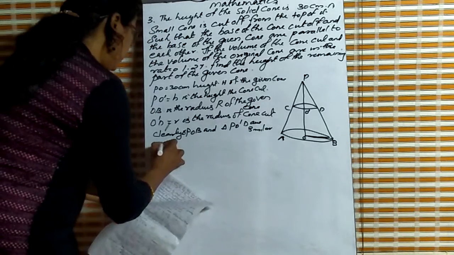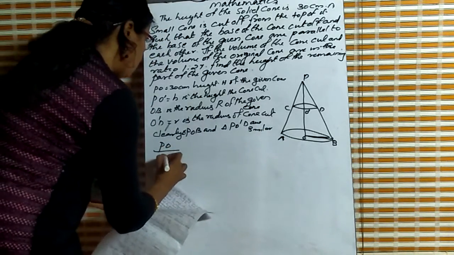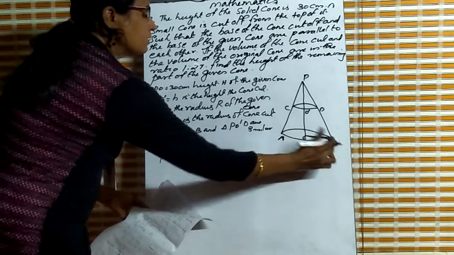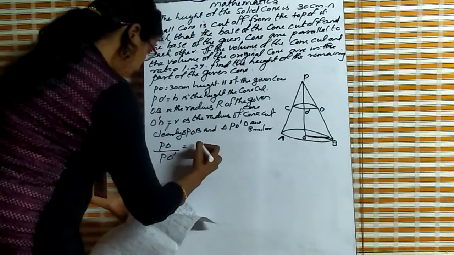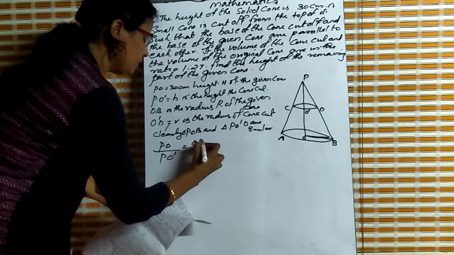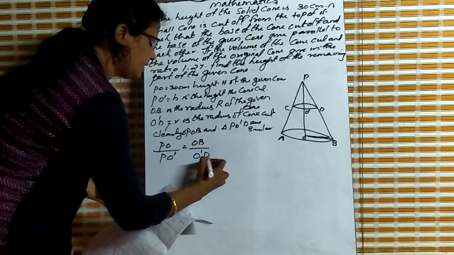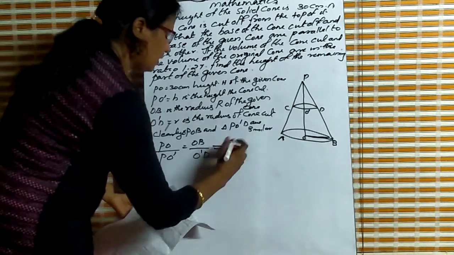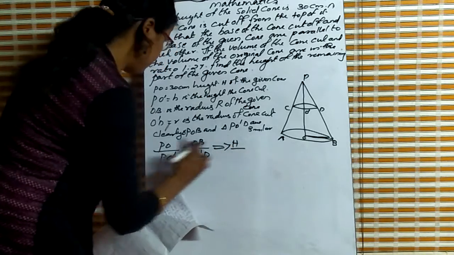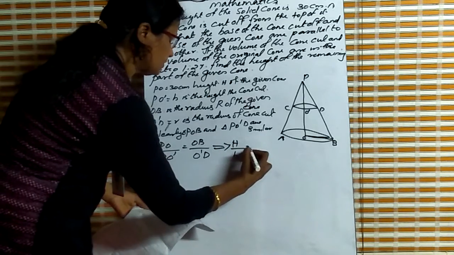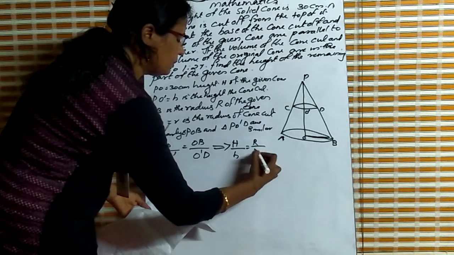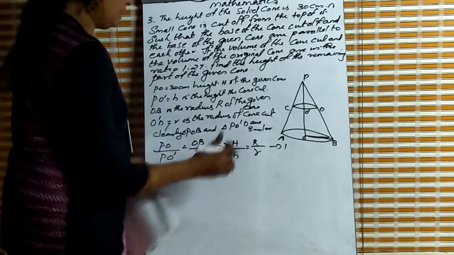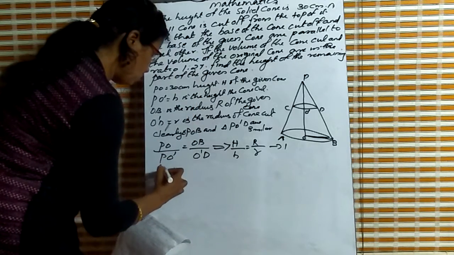Therefore, PO by PO dash is equal to the ratio of the corresponding lengths OB by O dash D. This implies capital H by small h is equal to capital R by small r. This is equation 1.